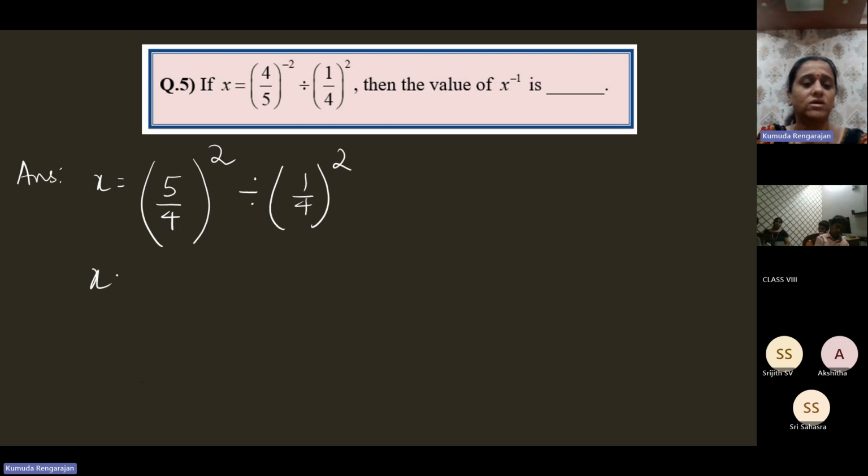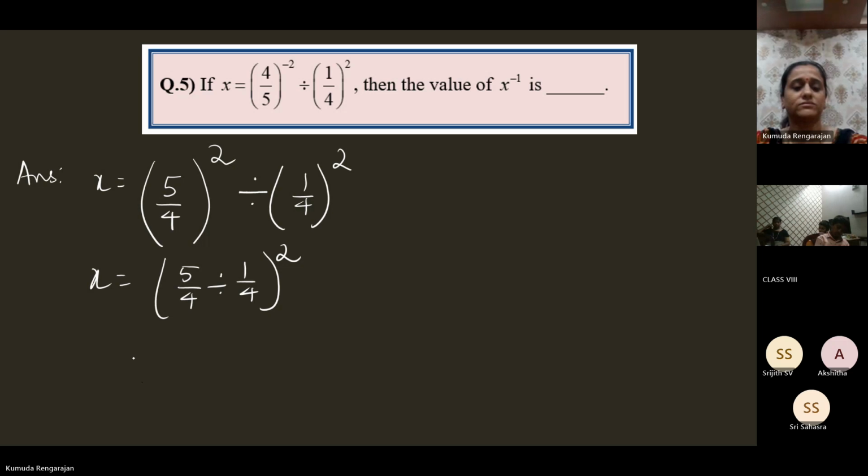Now use the rule. Bases are different, it's division, but the power is the same. So divide the bases and raise it to the same power. x is equal to, now division becomes multiplication, reciprocal of the next term. 4 cancels.